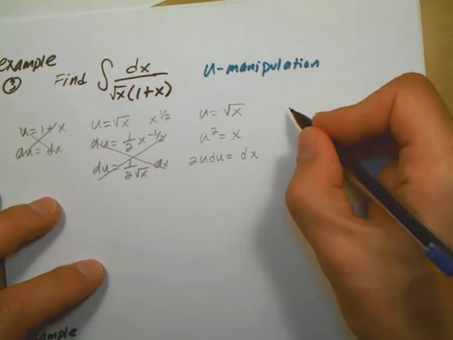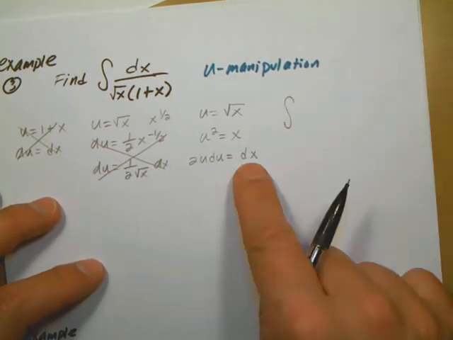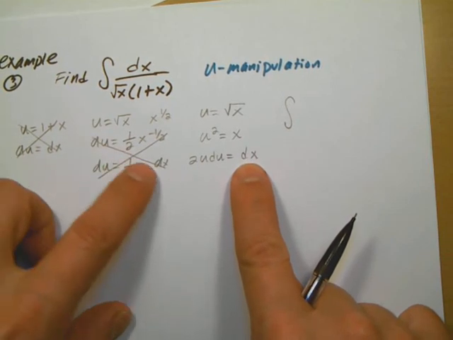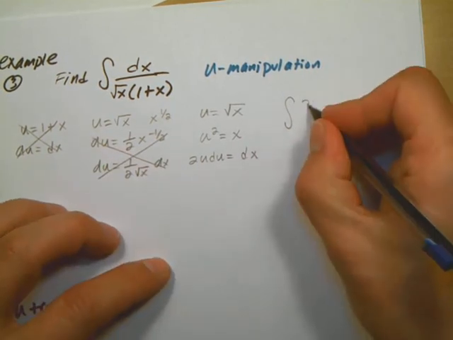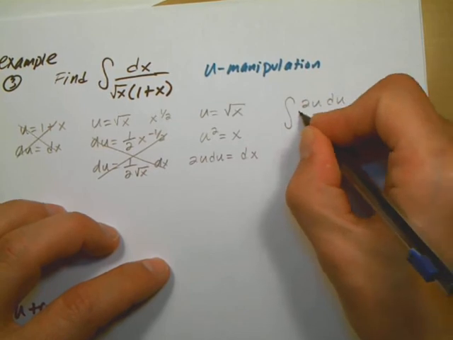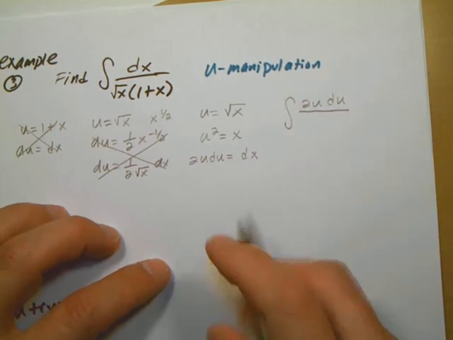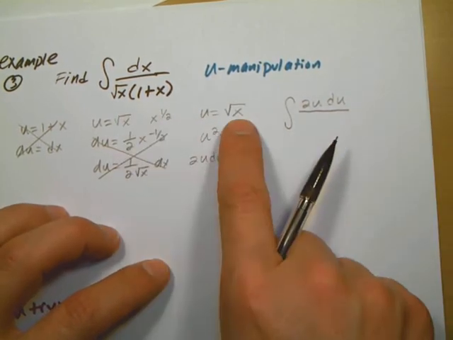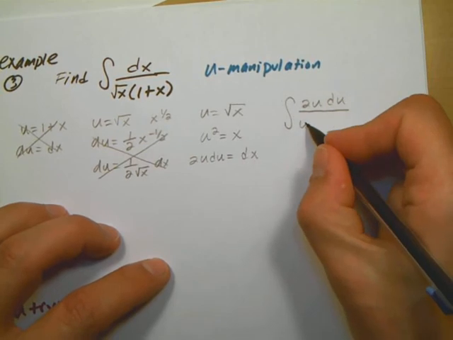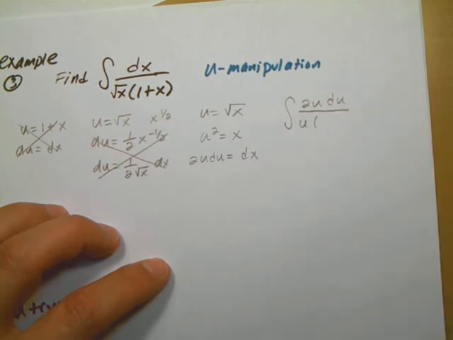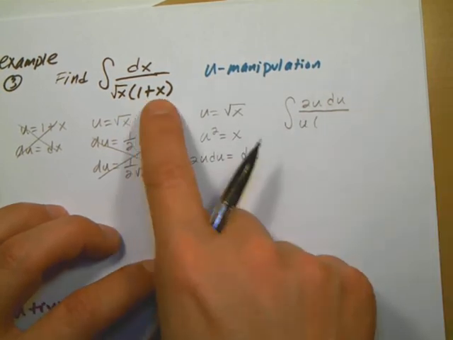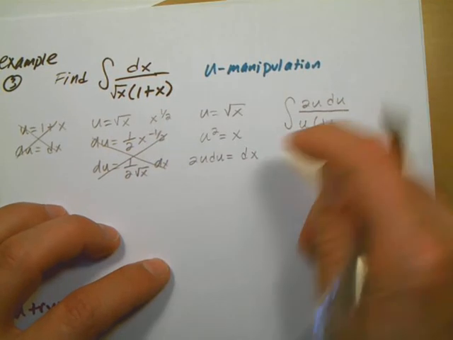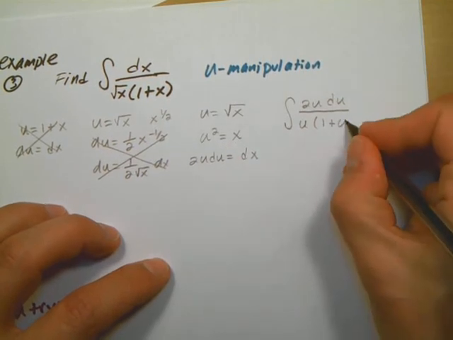Because now when I rewrite my integral, dx is going to get replaced with 2u du. I'm going to replace square root of x with u. And since I have 1 plus x, I'm going to replace it with 1 plus, well, x is the same thing as u squared.